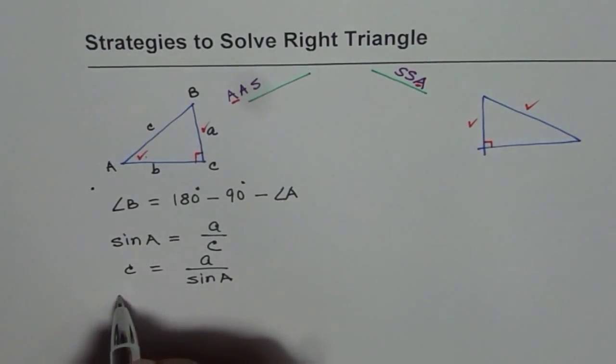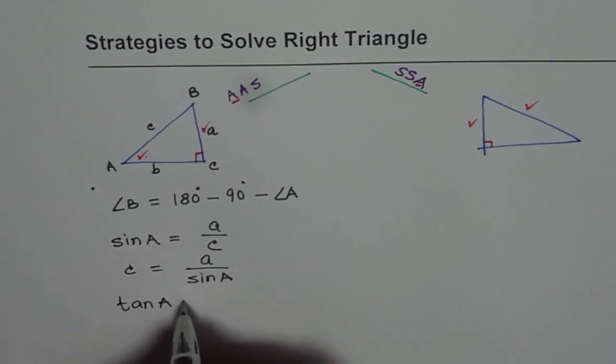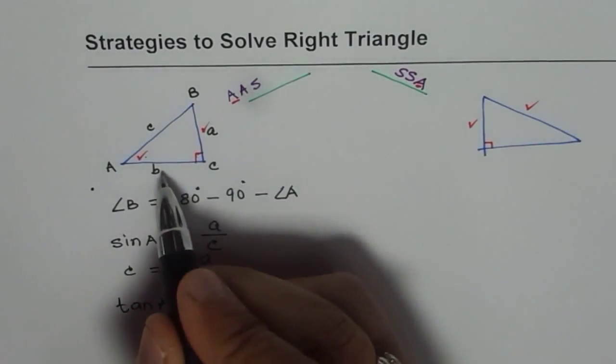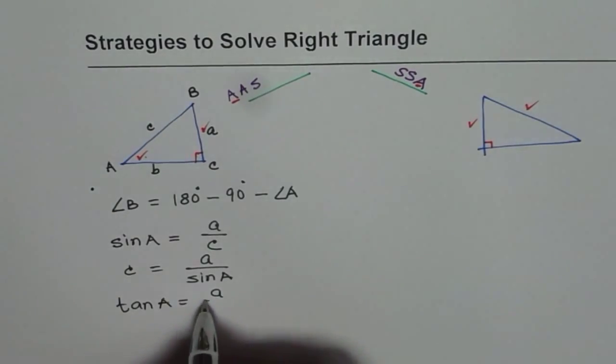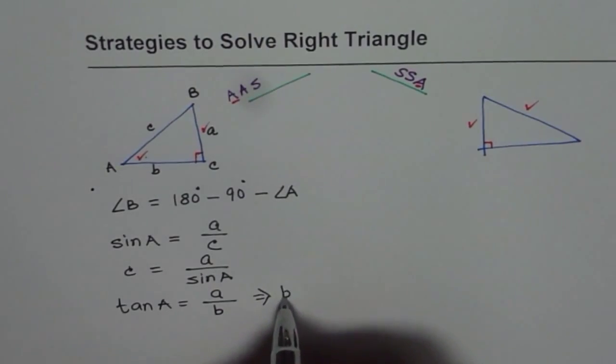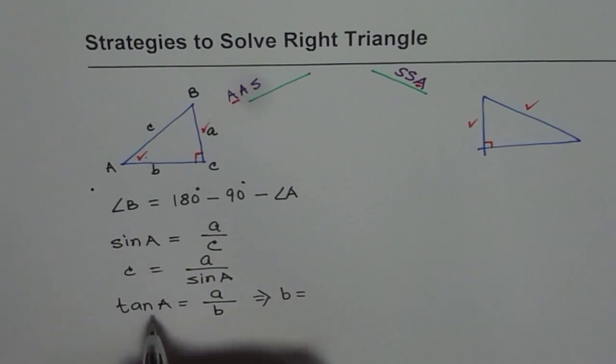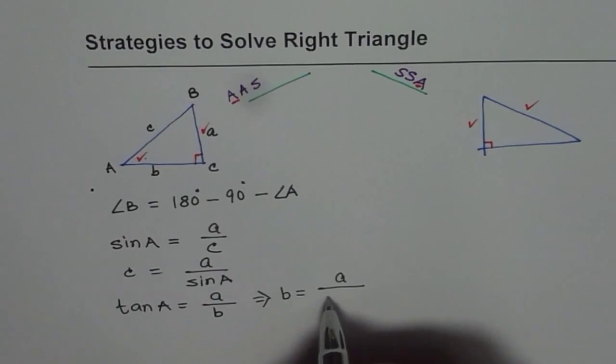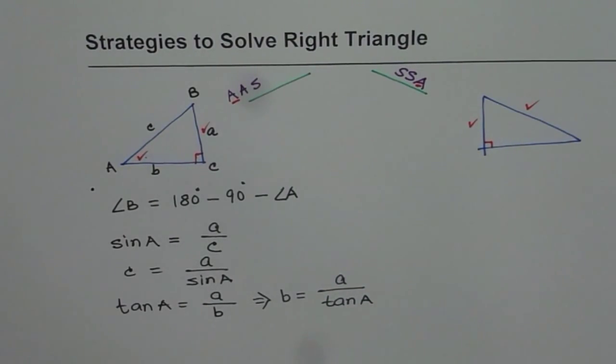Tan A is equal to opposite over adjacent, that is a over b, right? And from there we can find what b is. So from here we get b is equal to a over tan A. So we can solve the triangle using trigonometric ratios, right?